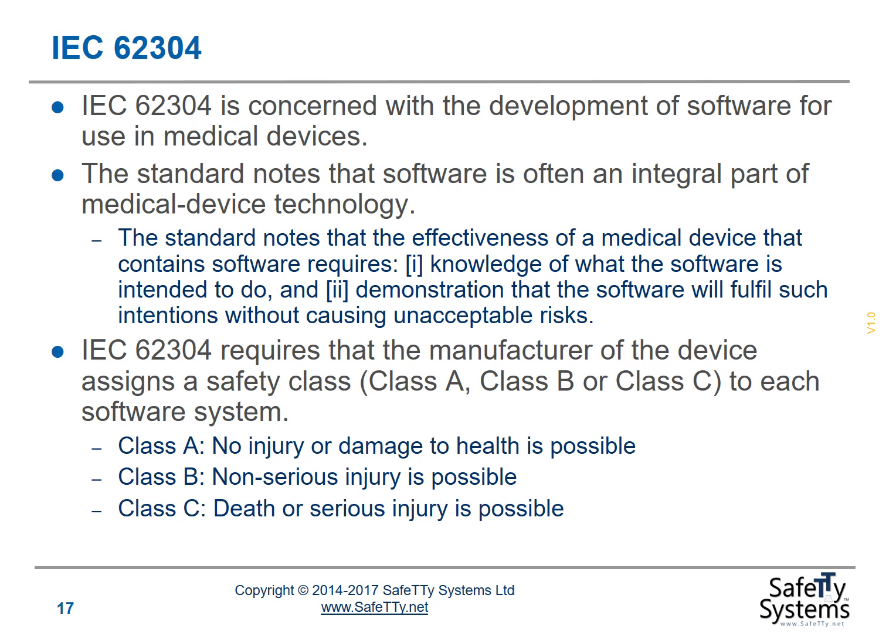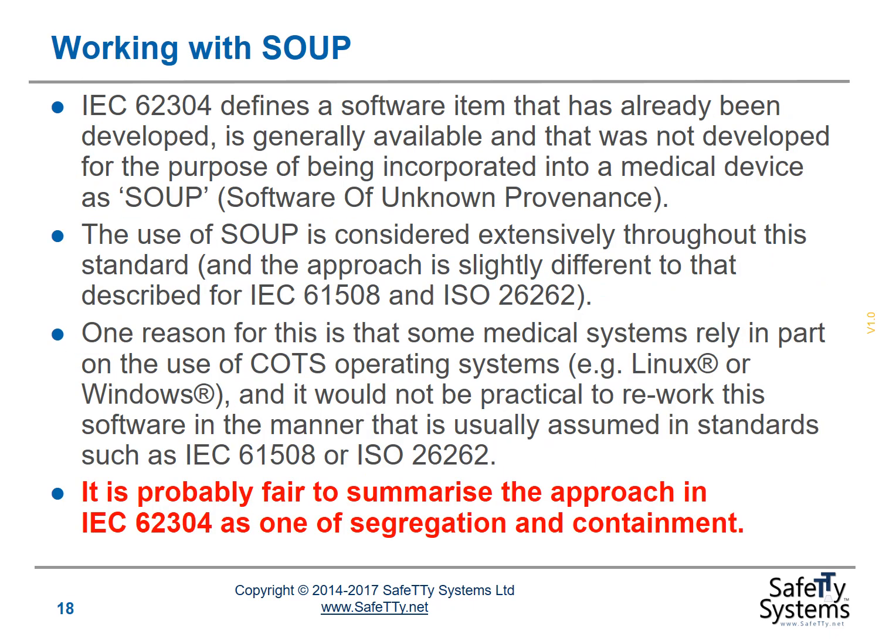And Class C means that death or serious injury is possible. IEC 62304 defines a software item that has already been developed, is generally available, and that was not developed for the purpose of being incorporated into a medical device as SOUP. By this it means software of unknown provenance.